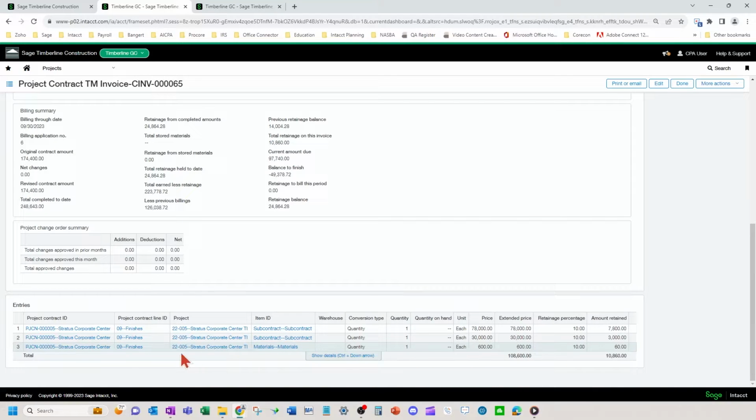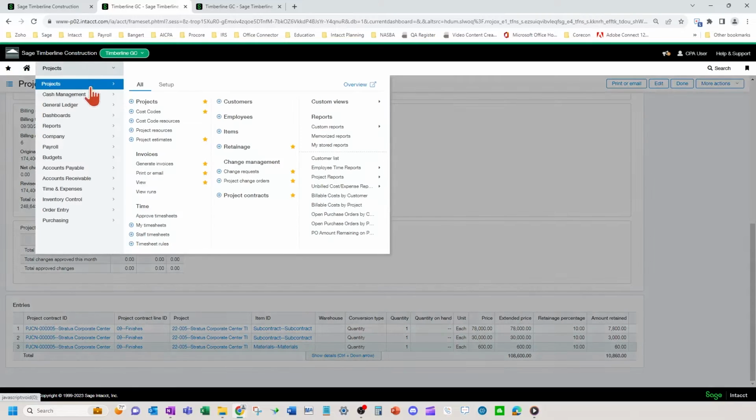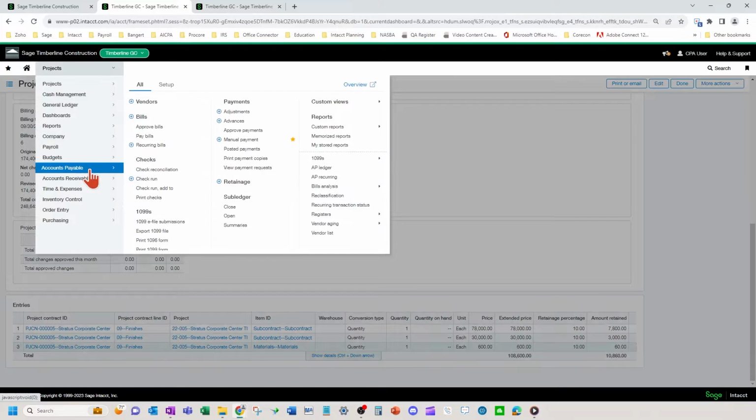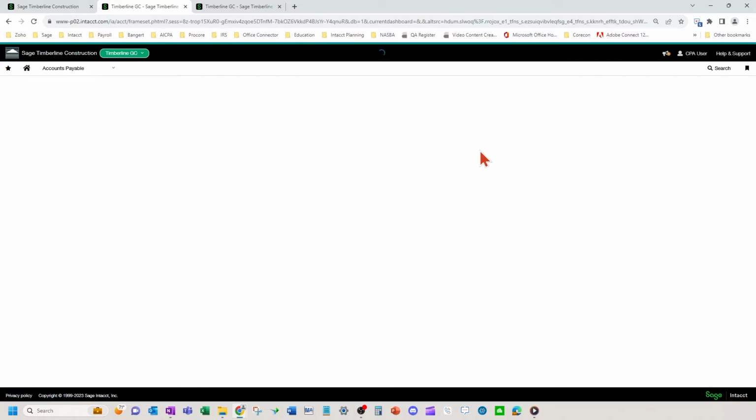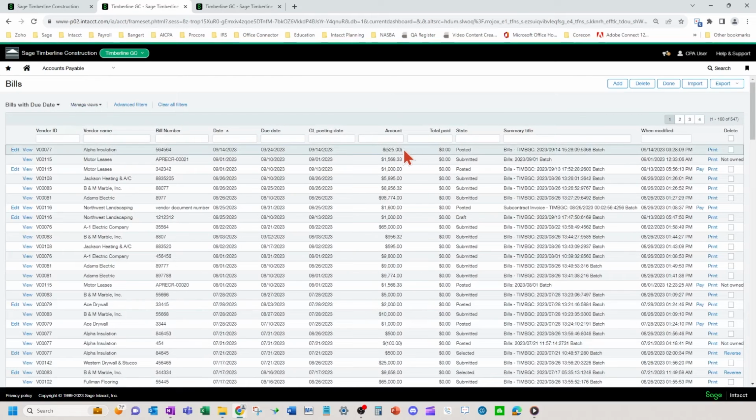Okay, if that relates to a specific vendor and that vendor has also given you a credit, then you're going to want to come in here to accounts payable and enter in a negative accounts payable bill, for example, like this one's showing.